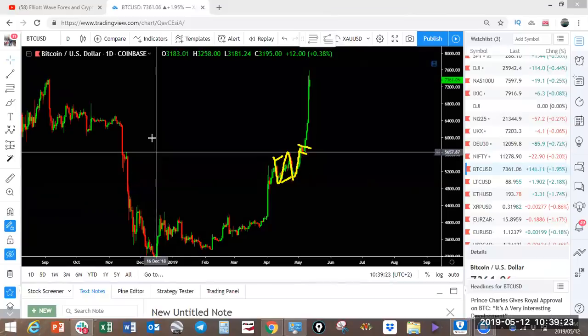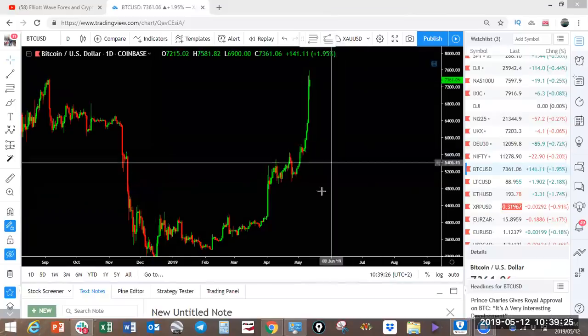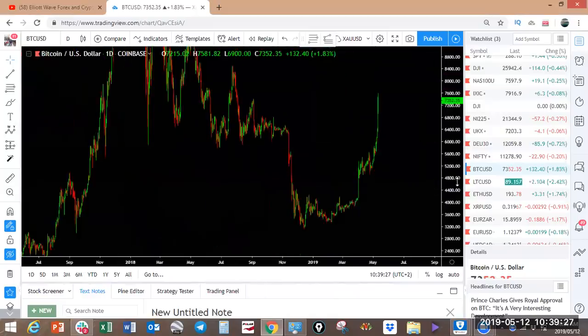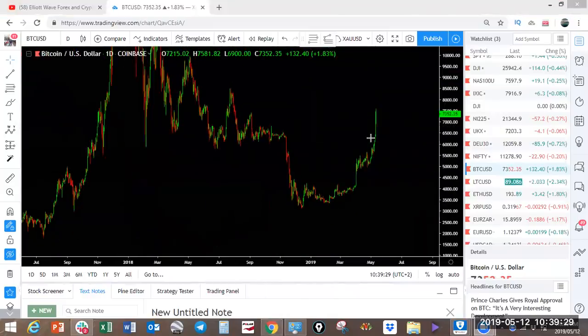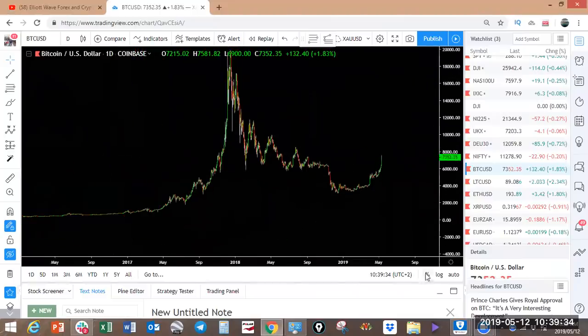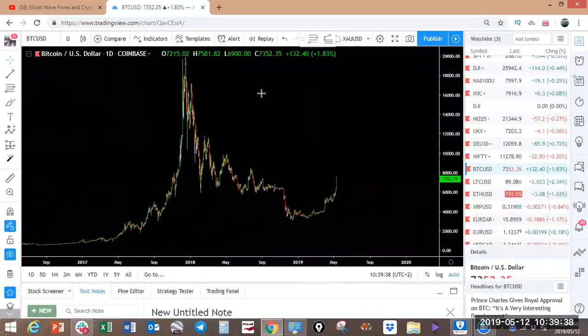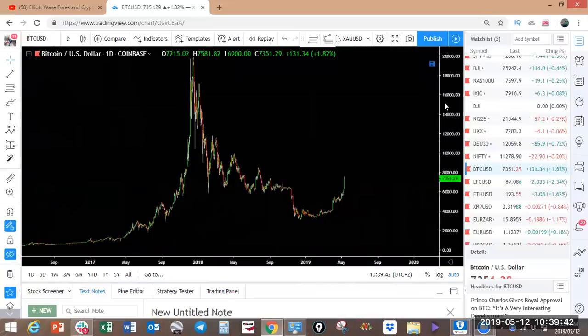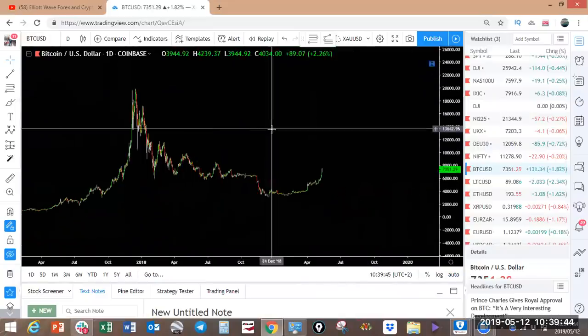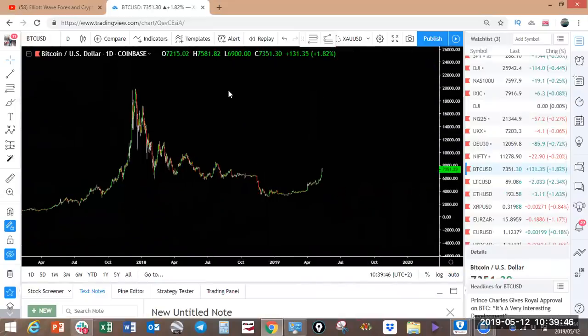I'll show you what happened with the analysis. Let me show you the whole sequence of events of how we looked at this, so we can see exactly how we trade practically. This is practical. This is what I was looking for initially in the beginning of the year. I'm going to go a little bit quick here.